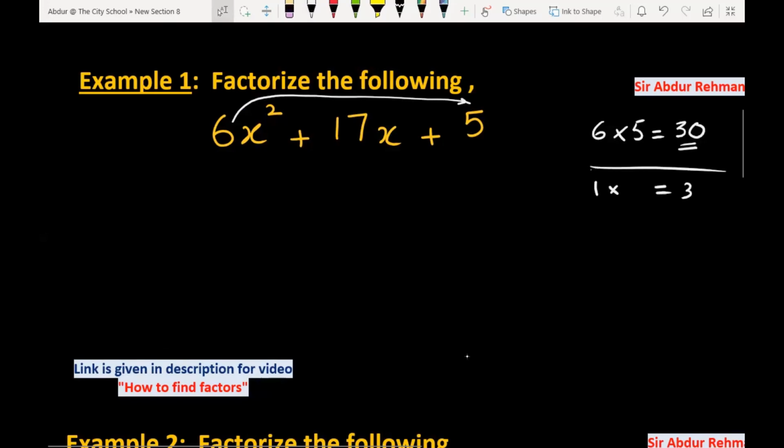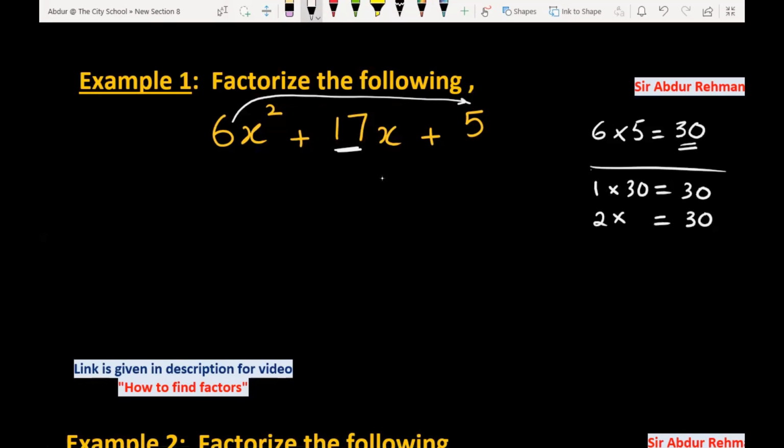Let's check, the topic is breaking the middle term. The middle term is 17 here, and 30 plus 1 is not 17, and 30 minus 1 is 29, which is not equal to 17. So try again, the next factor of 30.